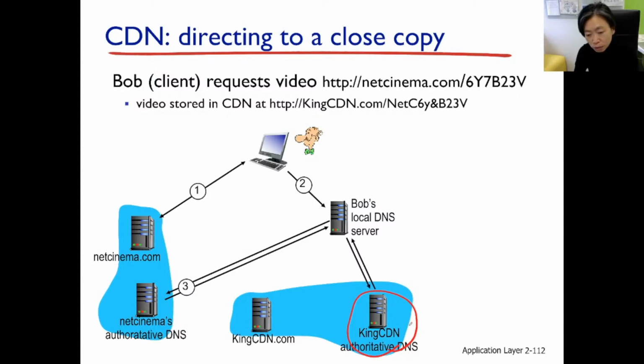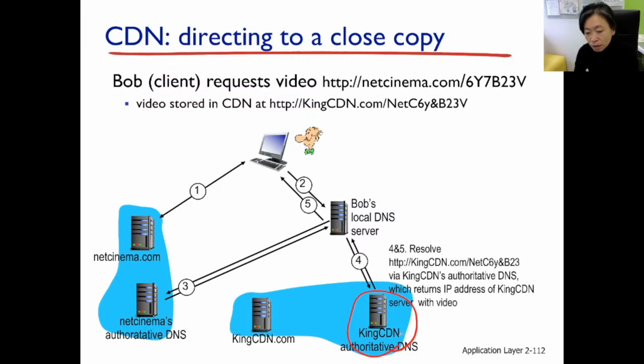That query goes, and finally King CDN's authoritative DNS server will return the IP address of kingcdn.com. Okay, so the IP address is acquired, and step 5 sends that IP address back to Bob's web browser.